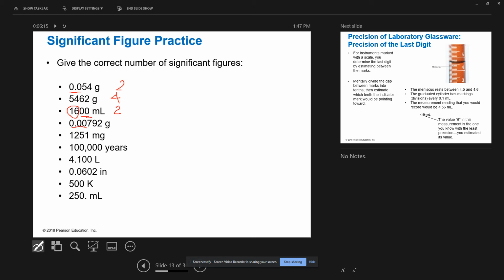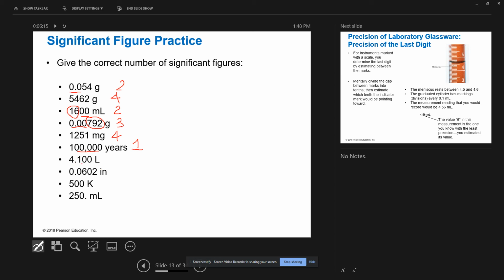So my only significant figures here are those 3. All non-zero digits, so I have 4. Okay, 100,000. So 100,000 with no decimal means that these are trailing zeros and they are just placeholders. So the answer to this is 1. I have 1 significant figure.